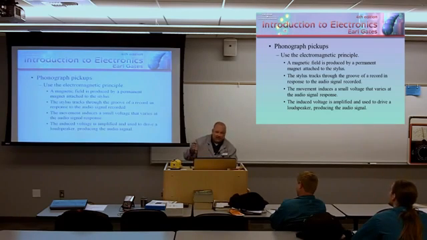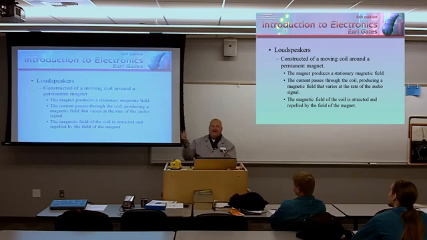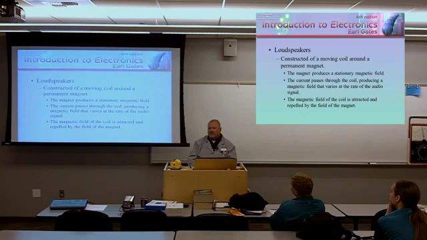So how a record player would work: magnetic, that little stylus tracking in there, magnetic cartridge. A loudspeaker is basically the opposite, constructed of a moving coil around a permanent magnet. If any of you have ever bought speakers before, one of the attributes you look for is that he or she who has the heaviest magnet, the biggest magnet, wins, because that's the permanent magnet.